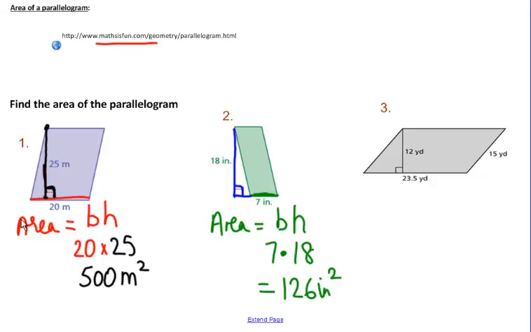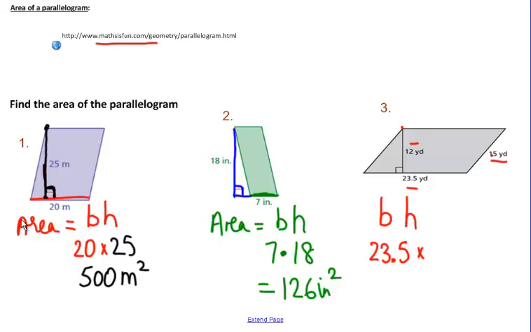Let's look at the last example. If you look at this, you will notice there are 3 different measures given. There's a 23.5, there's a 12 yards, and there's a 15 yards. This is also base times height. The formula for the area never changes. Now the base we know is easy to identify, 23.5. What do I multiply it with? Do I multiply it with the 15 or the 12? Now remember it this way.